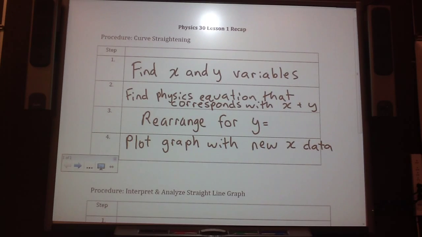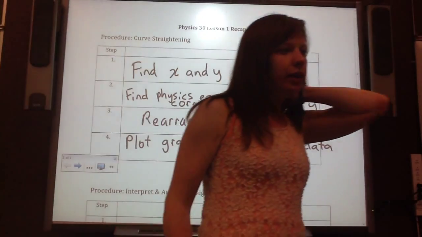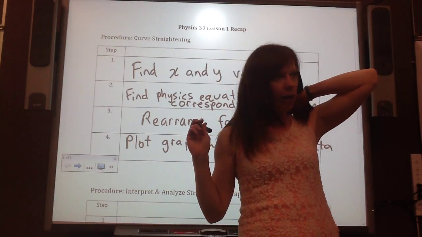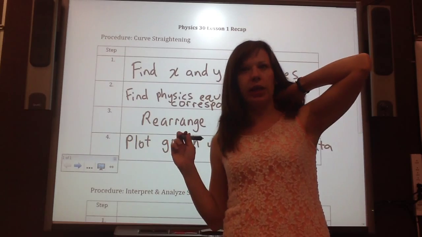Oh, you have to pick the one that looks like this. Mm-hmm. Well, pick the physics equation that looks like that. Yes, that would have a similar relationship between the x and the y. Okay. All right. And then I don't think that we did the notes for the next part yet, did we? We just did the example. Okay.